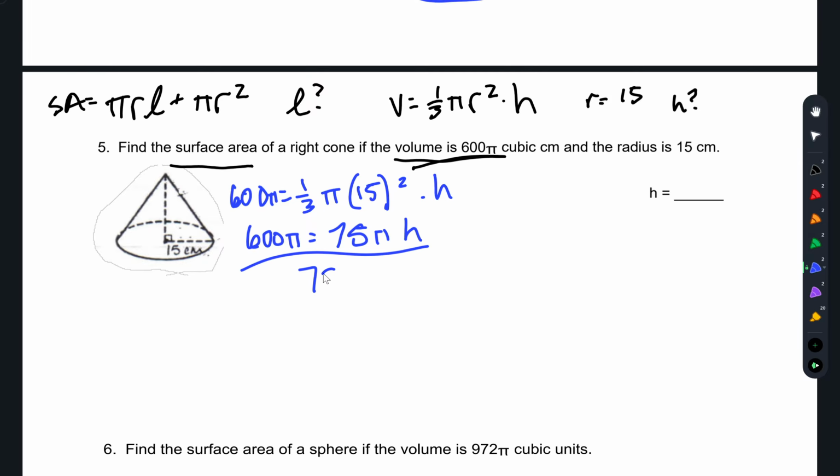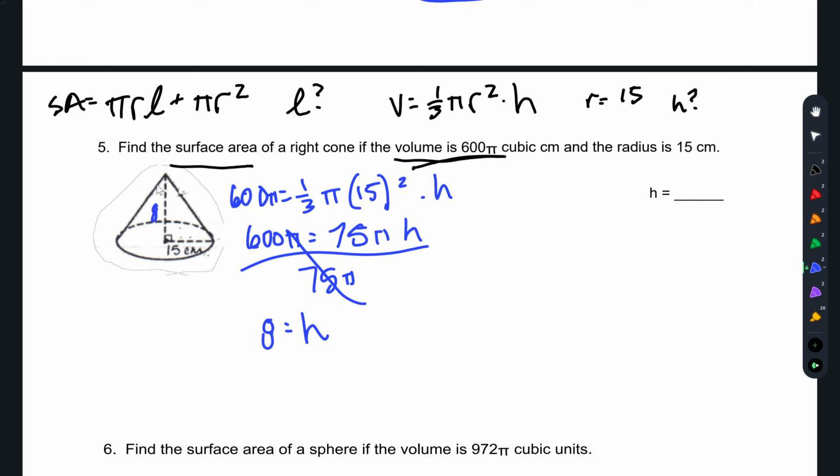We're going to divide everything by 75 pi. Those pi's are going to cancel, to get us 8. 8 equals our height. So that height is the straight up and down piece right there.